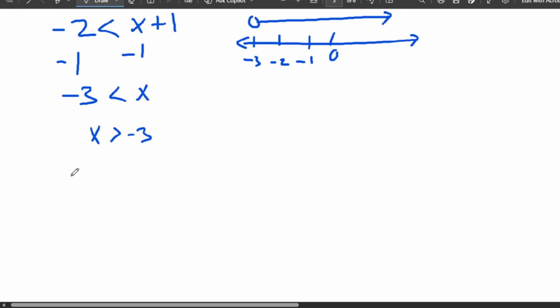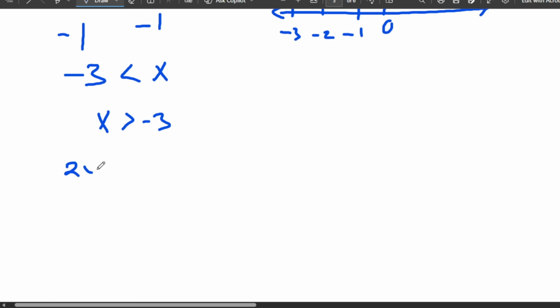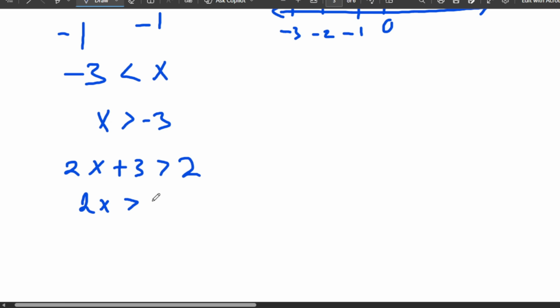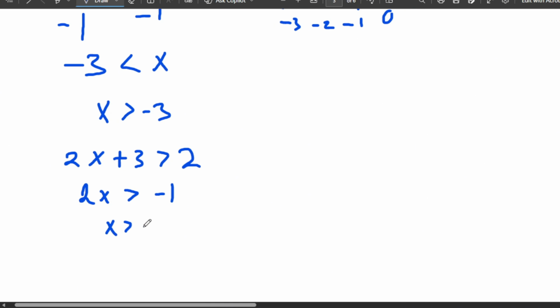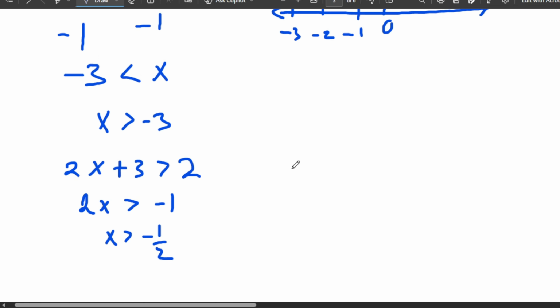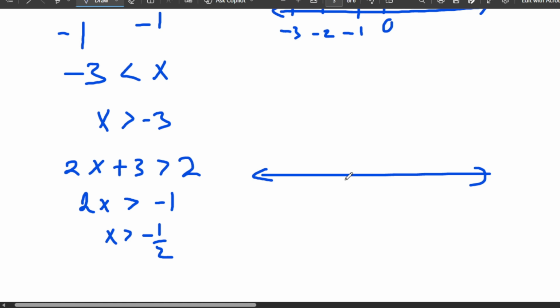How about 2x plus 3 is greater than 2? So 2x is greater than 2 minus 3, which is negative 1, and x is greater than negative a half. If we put it on the number line, 0, this would be negative a half, approximately.